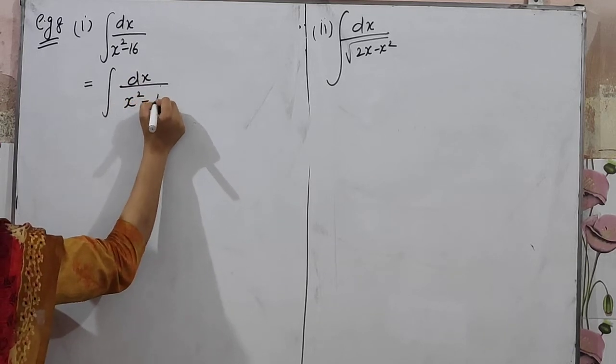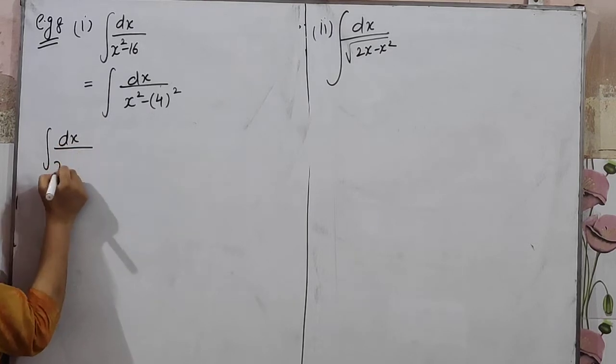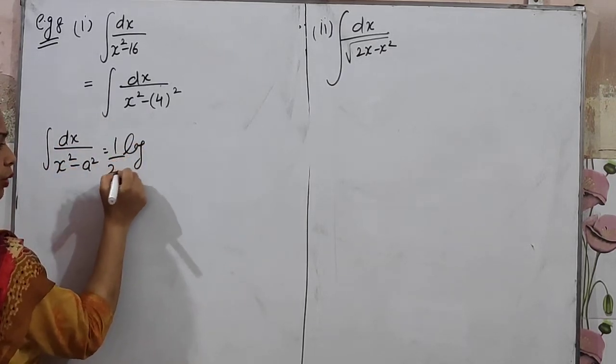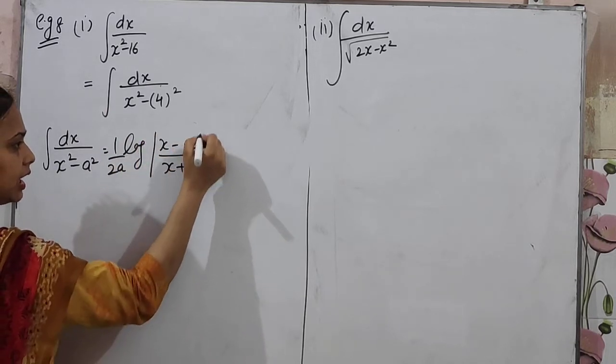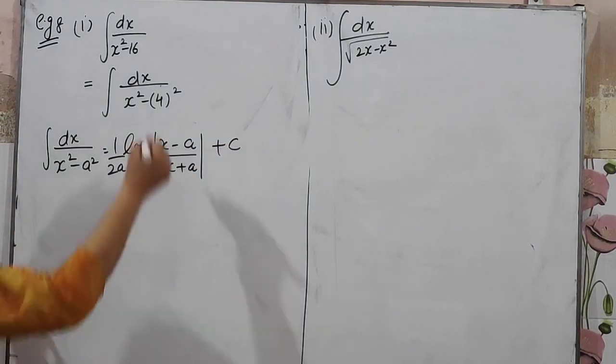Square minus 4 square. And we have done integral dx upon x square minus a square, which is what? 1 by 2a log of x minus a upon x plus a plus c. Right, students? So substitute the value here.